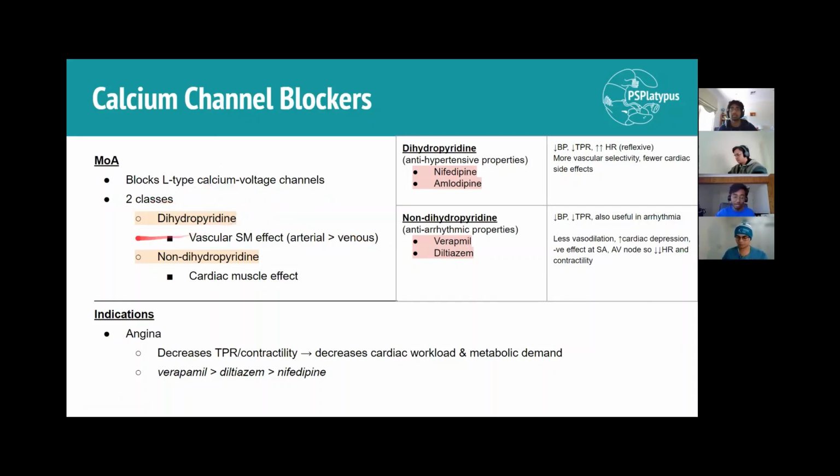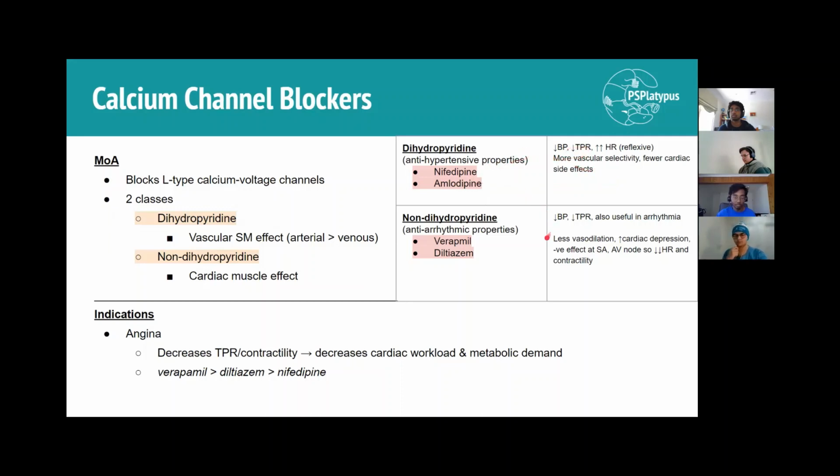We have DHP, dihydropyridine, and non-dihydropyridine calcium channel blockers. So the key difference between these two is that dihydropyridine has effects on peripheral smooth muscle, while non-dihydropyridine has main effects on cardiac muscle.